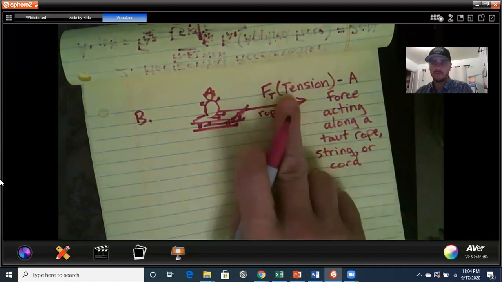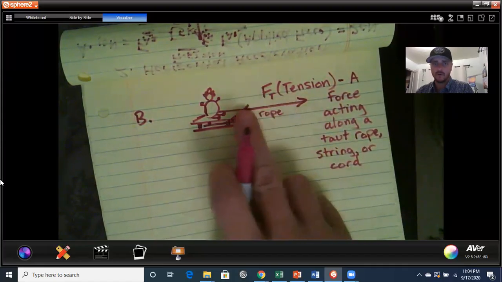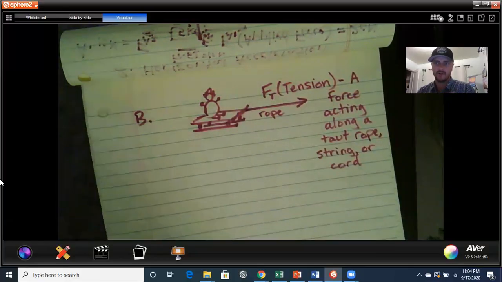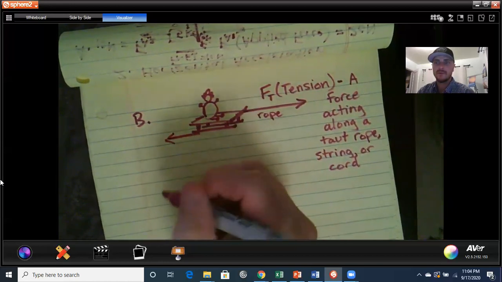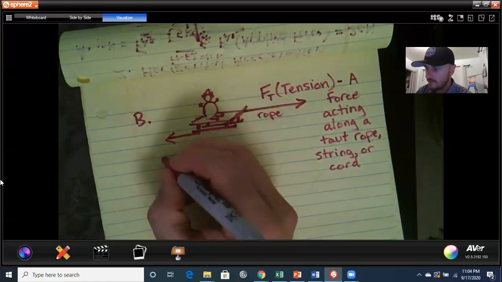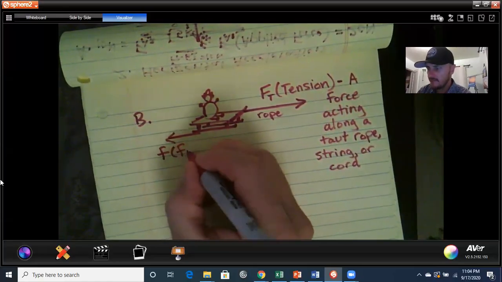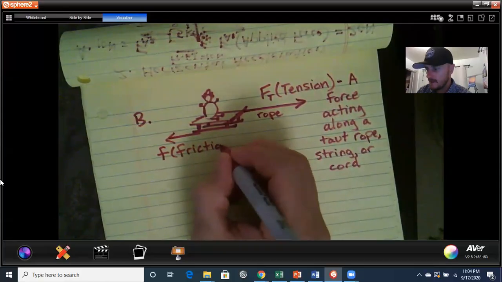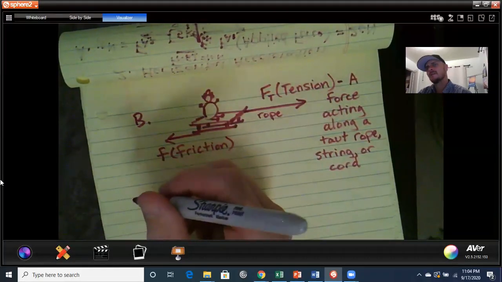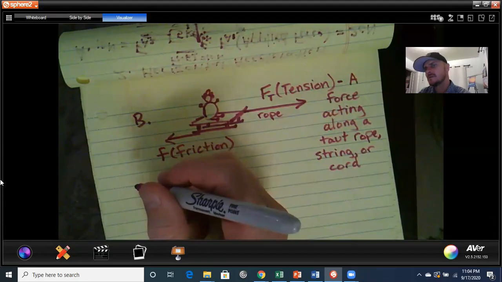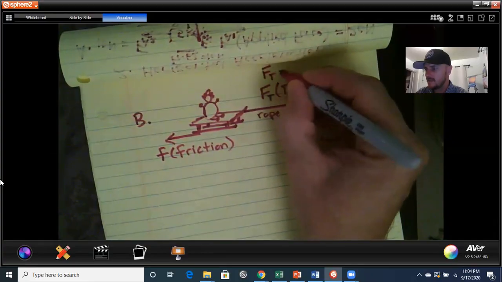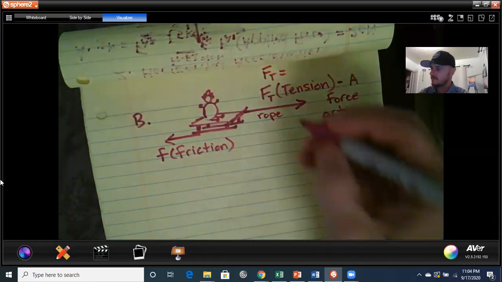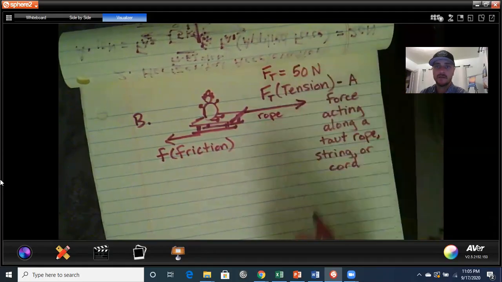Could you call that applied force? Yeah, you could, but normally we refer to it as tension if a string or a rope is involved. So there's that force. Now I also showed you another force today in the warm-up, and that was the force of friction. So I'm going to put here friction, and I use a lowercase f for friction. Let's say that tension is equal to, in this problem, 50 newtons.